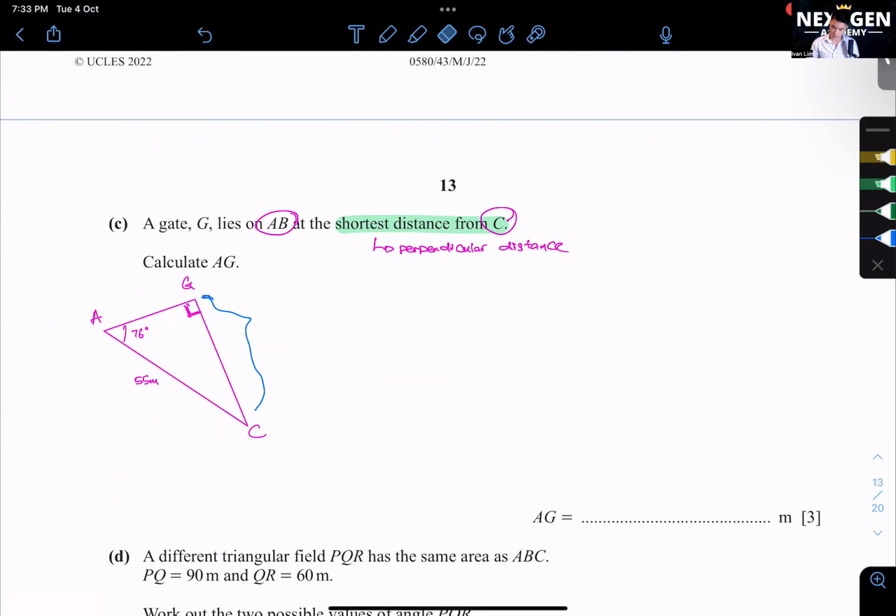AG. We don't have to find GC, right? They're not asking us to find GC. Okay, so this is the shortest distance, but they are asking us to find here only. Okay, so AG, this one can be cos. So cos 76 degrees equals AG over 55.